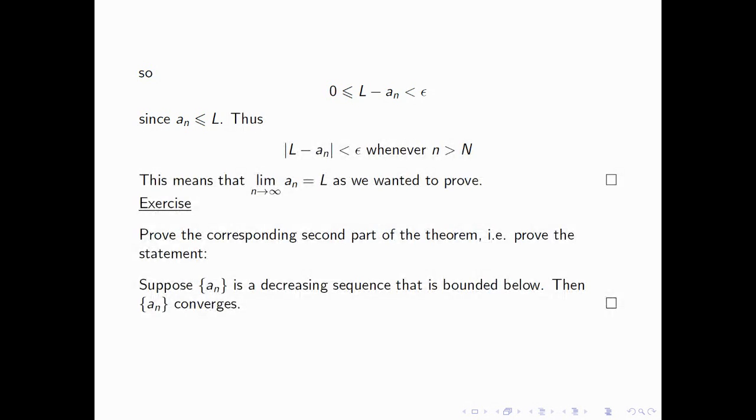That's what we need it for. Now, we've shown that the absolute value of L minus a_n is less than epsilon whenever n is greater than N. And thus we've shown that the limit as n goes to infinity of a_n is L, as we wanted to prove.